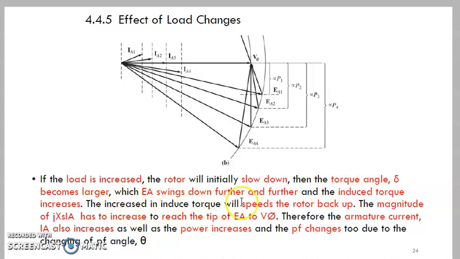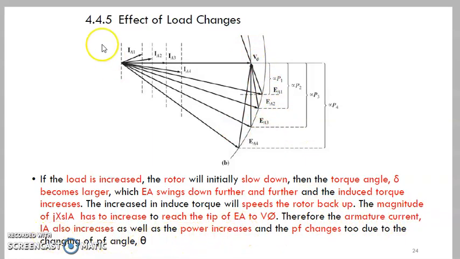The increase in induced torque speeds the rotor back up, so the rotor speed increases as the torque increases. Then the magnitude of jXIA has to increase, and the line from the tip of EA to V phase increases. Therefore, the armature current IA also increases, as does the power.